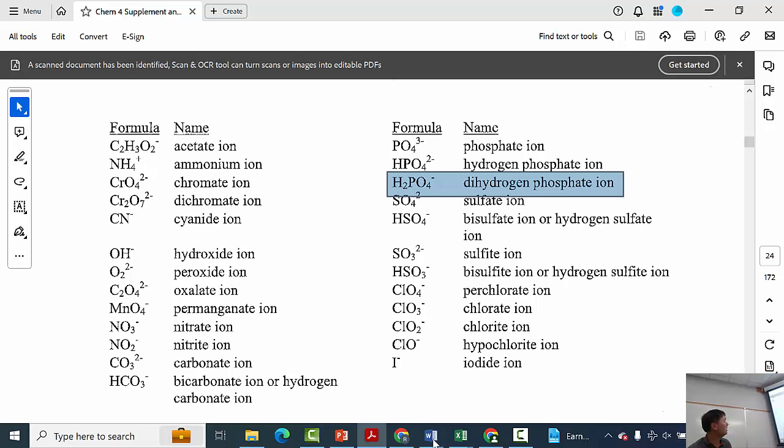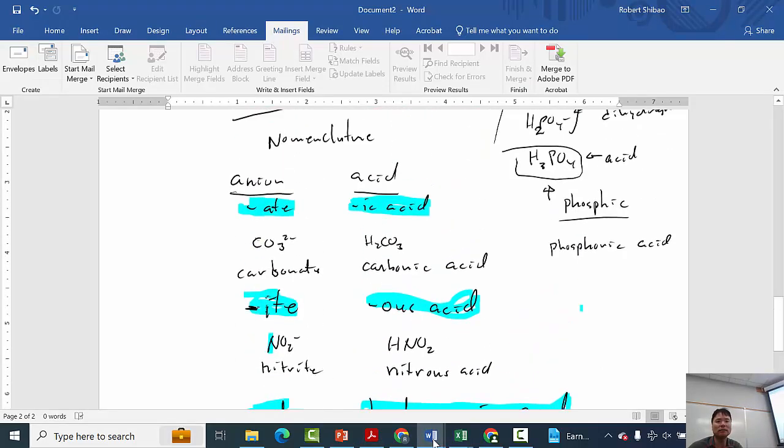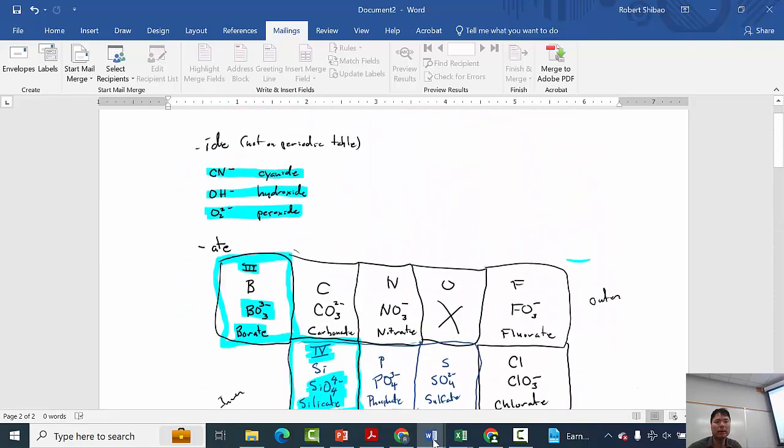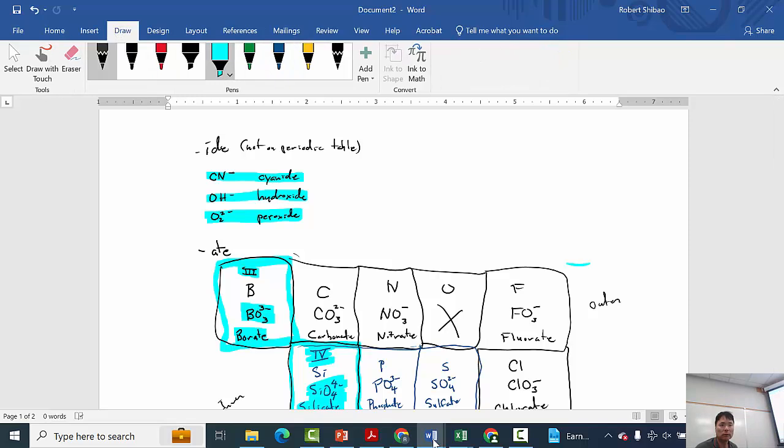For example, acetate. Is acetate on a pattern in the periodic table? Unfortunately not. So for acetate, you're going to have to make flashcards or write it over and over again. The way I memorized acetate is 2321: C2H3O2 minus 1.